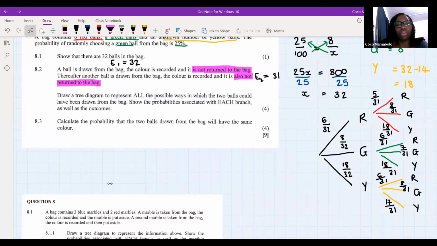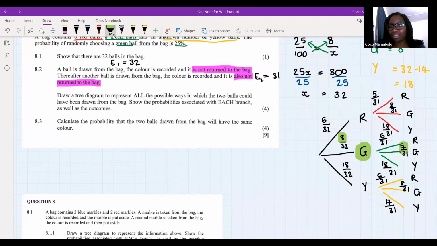7/31. Okay, so if you notice, Ntokozo, here in the middle, we're assuming what would happen if for the second draw, we took out a green ball. Now, originally, we had 8 of them, right? So if we had taken out a green ball in the first event, we would have 7 of them left in the next event. And that's why there is 7 of them left over here. Okay.